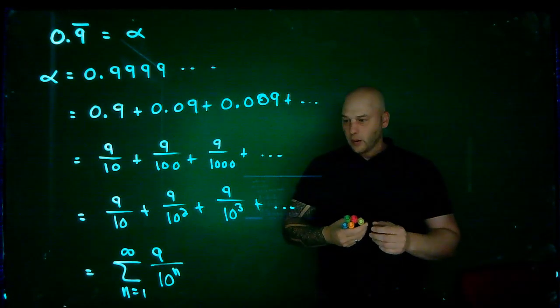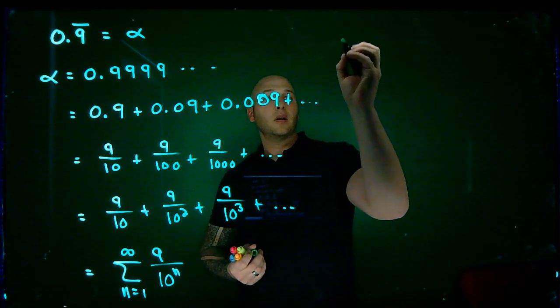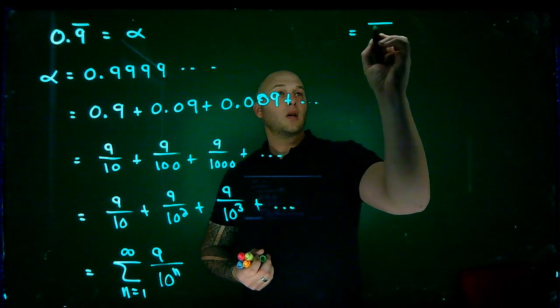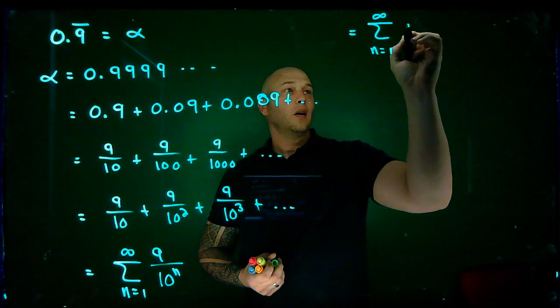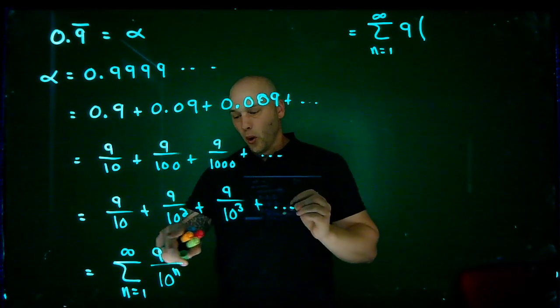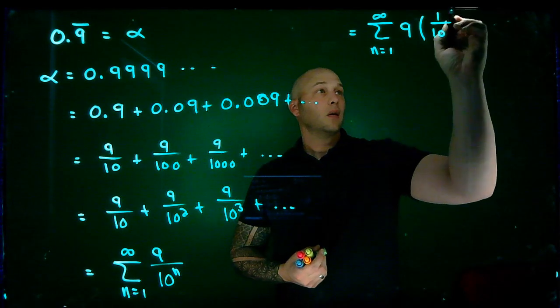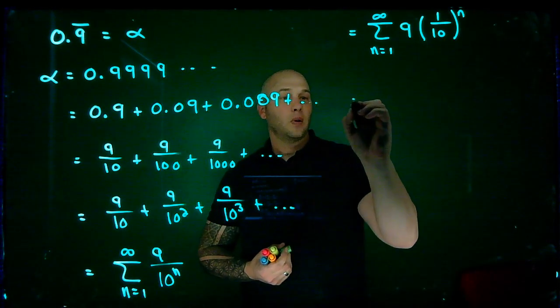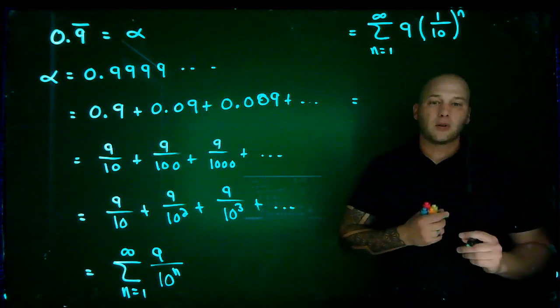And what can I do with that? Well, the constant 9 I can pull out front, giving me the sum from n equals 1 to infinity of 9 times 1 over 10 to the n, which is the same thing as (1/10) to the n. And that might look familiar to you. This is a geometric series.